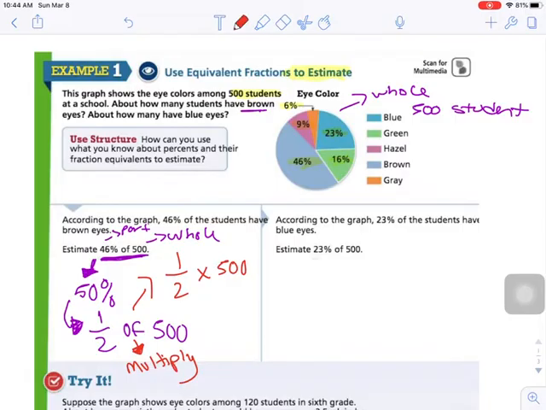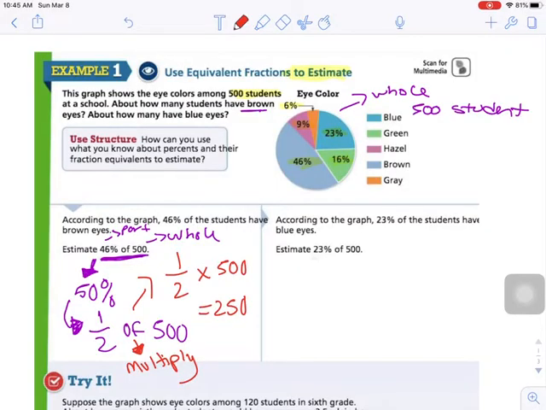So go ahead and calculate this out. You guys can use your calculators or you can do it by yourselves. You shouldn't need a calculator for this, but we are letting you guys use calculators for this topic. So 1/2 times 500 is 250.